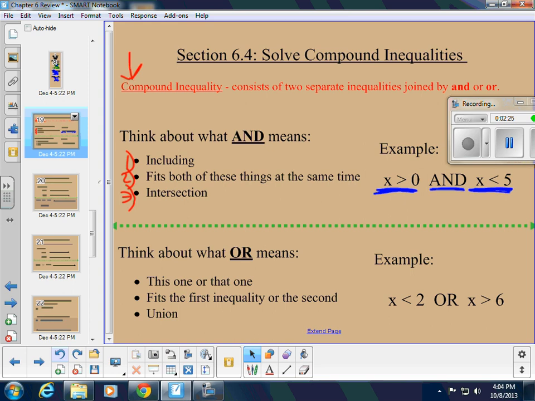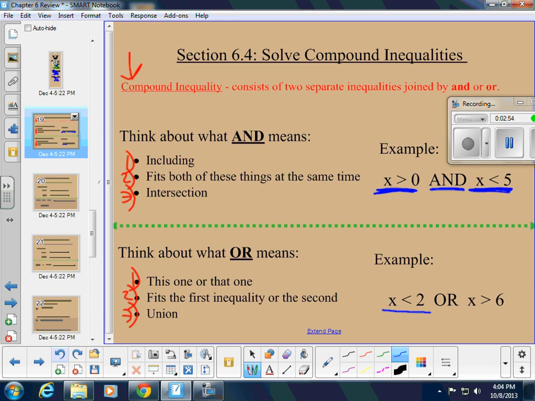When I'm talking about or in this case for a compound inequality, it means it can fit one or the other. It can fit either of the two inequalities. It can fit the first one or the second one, or again, thinking Venn diagram wise, it could be the union of those two inequalities, where as long as I have a solution that fits one of the inequalities, it works for my compound inequality.